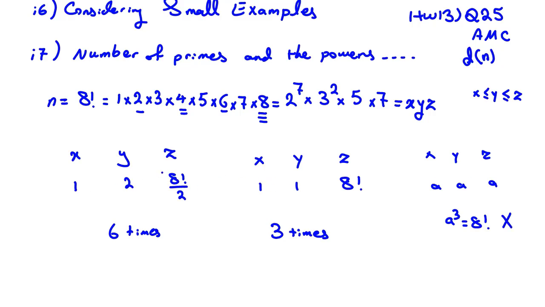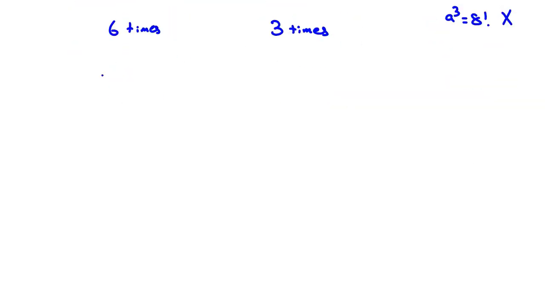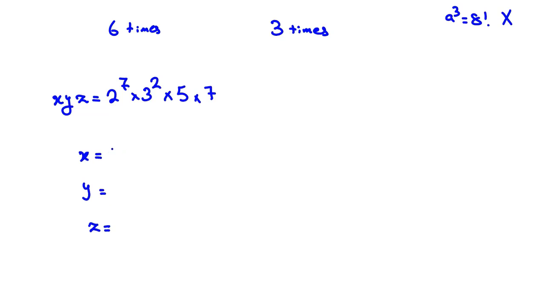Now, let's consider, for example, the product of x, y, z. They have some power of 2. Let me write x, y, z equals 2 to the 7 times 3 squared times 5 times 7. Okay? So let's consider the prime factorization of these numbers.